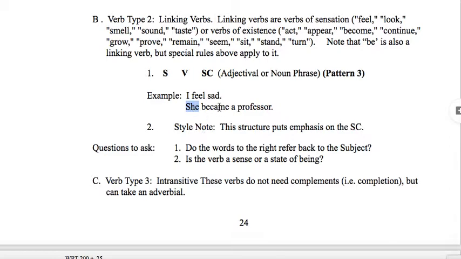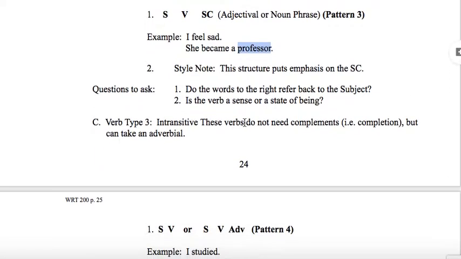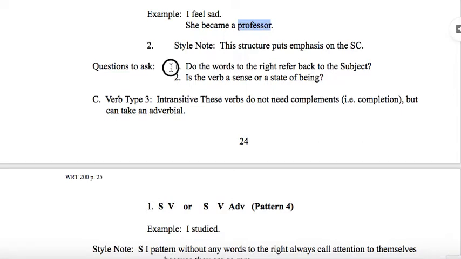So that's how we know it's a linking verb and that it's a subject complement noun phrase. So the questions to ask yourself for linking verbs are these. Do the words to the right of the verb refer back to the subject, re-describe it, or modify it? Is the verb a sense or a state of being? Those two questions are going to help you identify whether it's a linking verb or not.